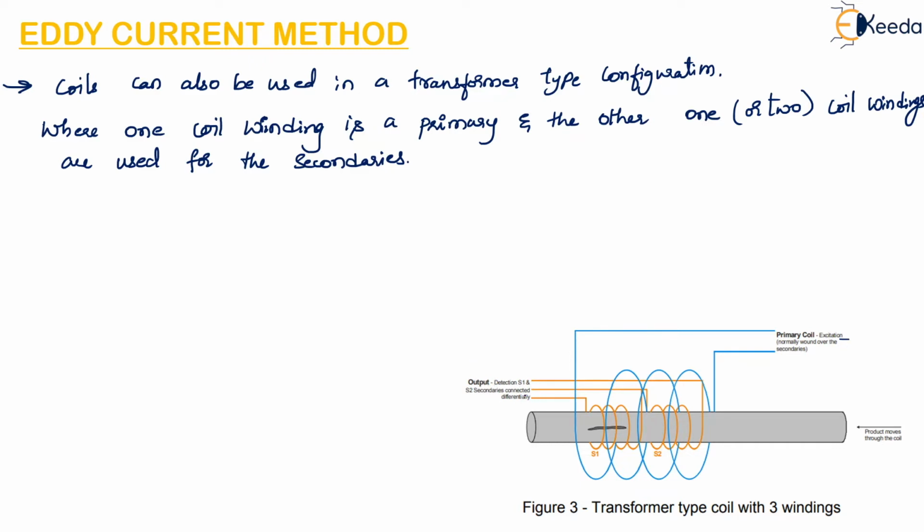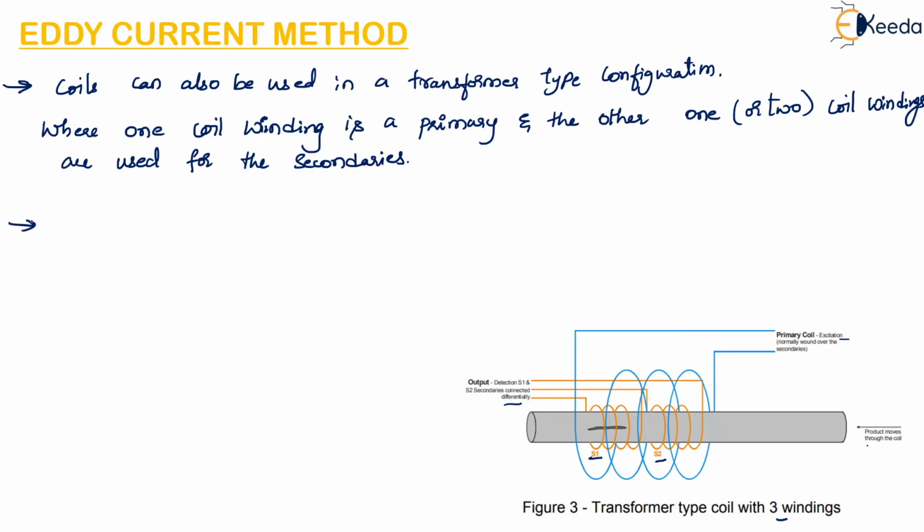So here there are two secondary coils which are named as S1 and S2, both in orange color, and these two coils are connected differentially as I have shown in the previous figure. So the product which we are testing moves through this coil or through this setup. So there are totally 3 windings in this transformer type coil.